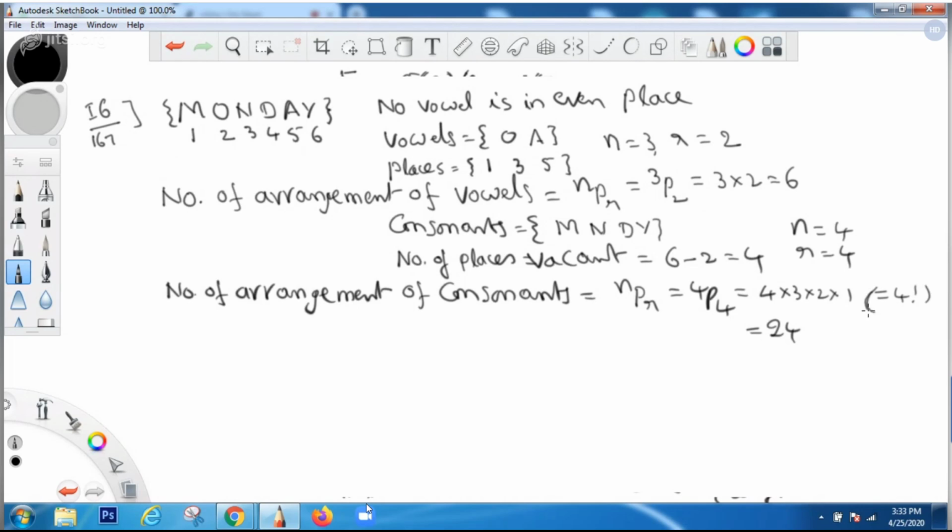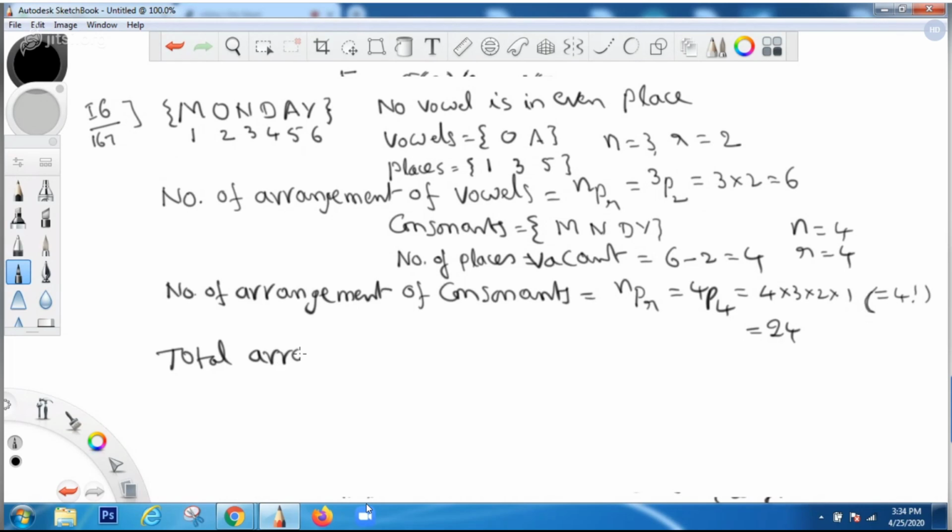4 factorial means 4 into 3 into 2 into 1, which is equal to 24. So therefore, total arrangements we have to find.